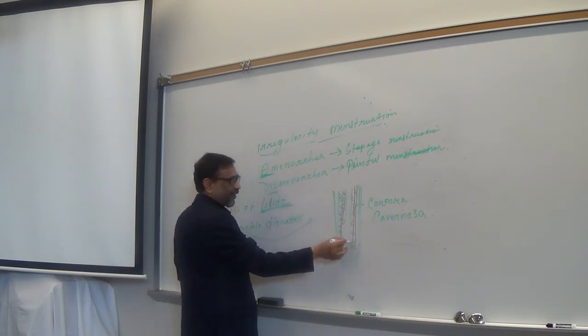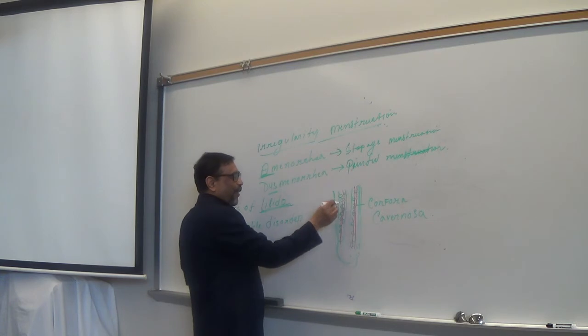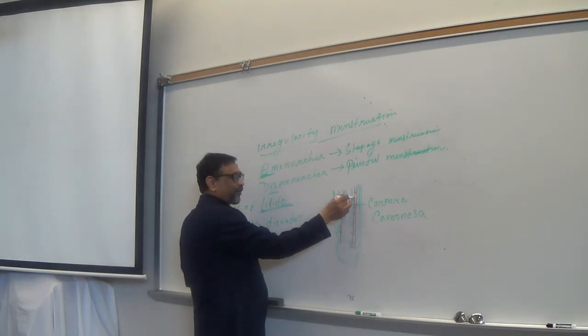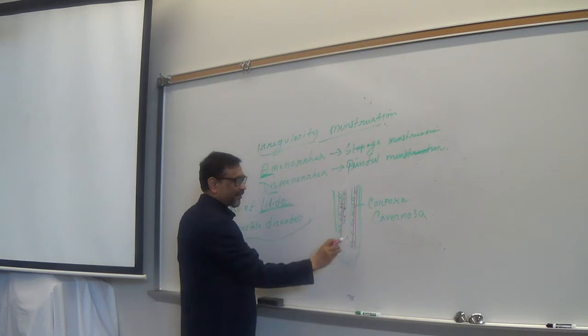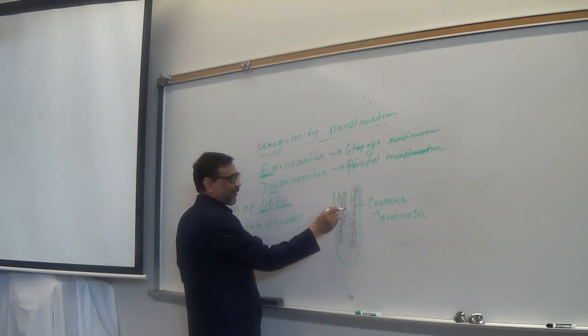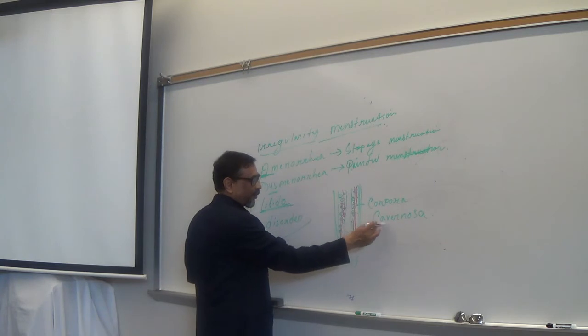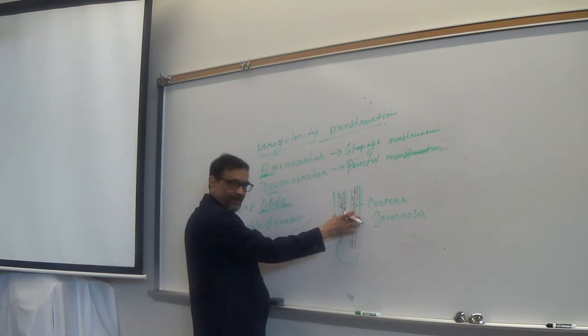This is very interesting. What happens? Blood gets out and enters into the tissue. In the tissue, you have a lot of spaces, sinuses, and what happens? When blood fills those sinuses, those spaces in the corpora cavernosa, enlargement occurs, right, and erection occurs.